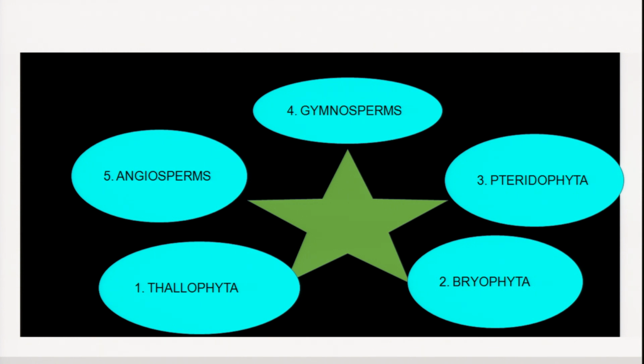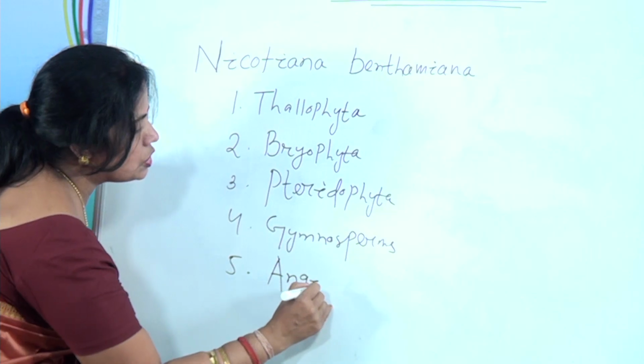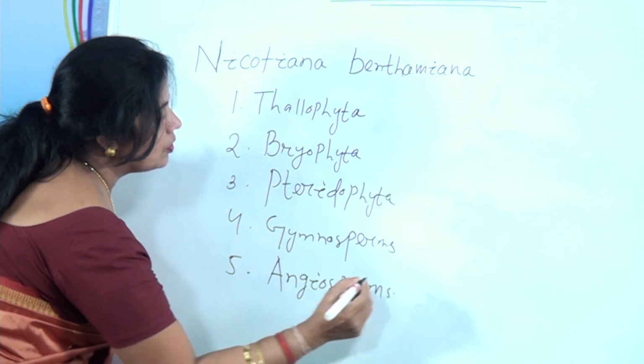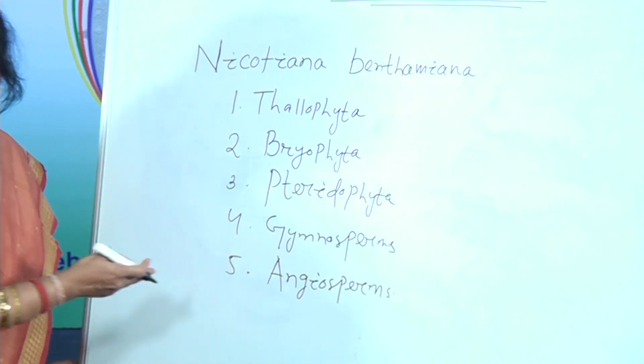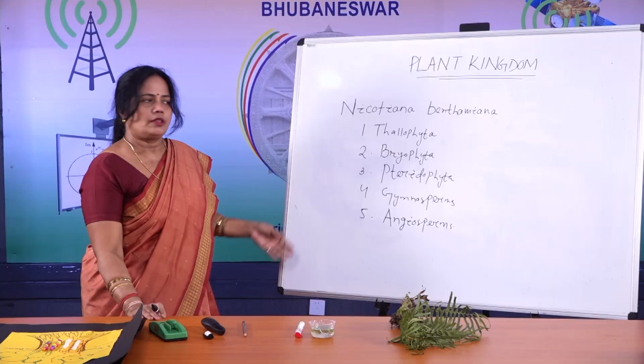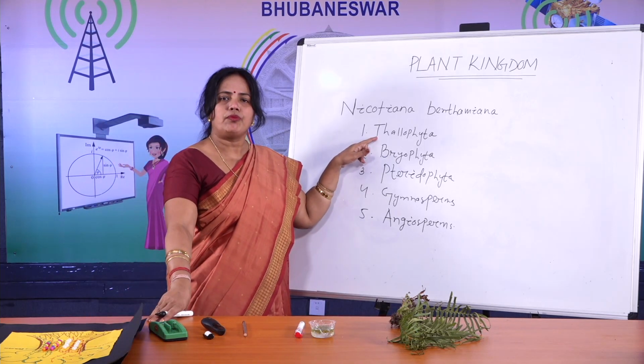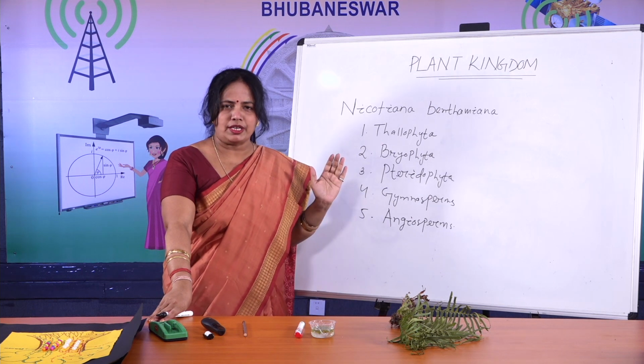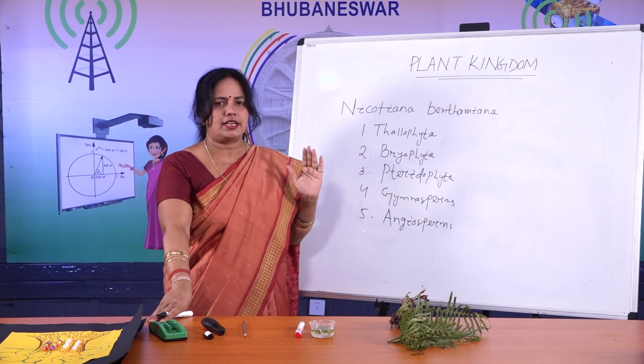And at the end, the last, the most advanced one is your Angiosperms. So these are the 5 groups of plants. So the most primitive one is the Thallophyta. Let's start with the most primitive, the simplest type of plants, that is Thallophyta.